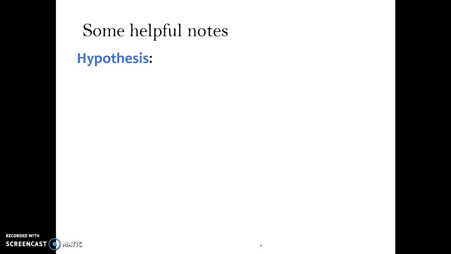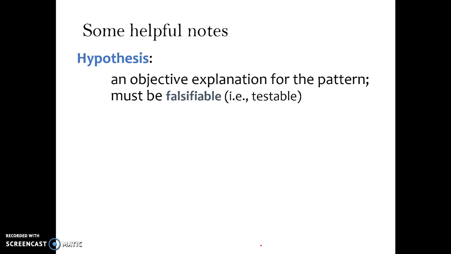So just a few helpful notes as you move through this case study. You'll be asked to make several hypotheses, and I just want to remind you that a hypothesis is an objective explanation for an observed pattern. And a good hypothesis needs to be falsifiable, meaning we need to be able to test it in some way to prove it false.